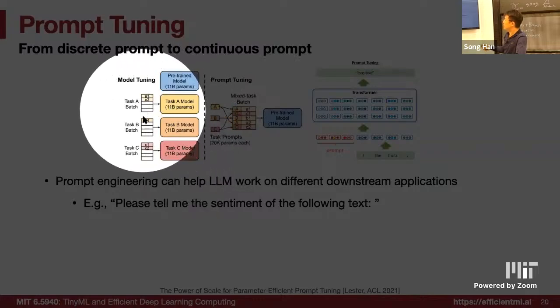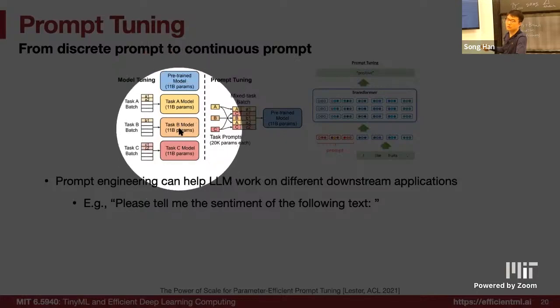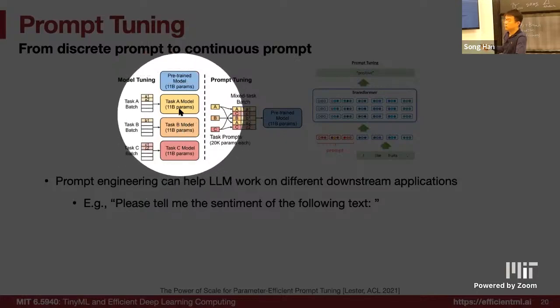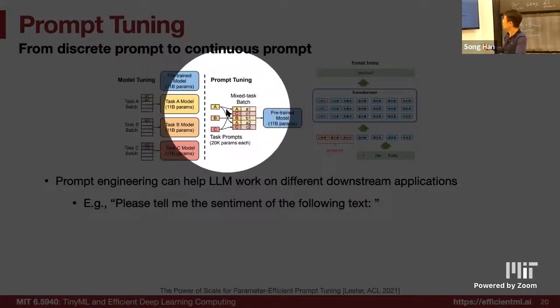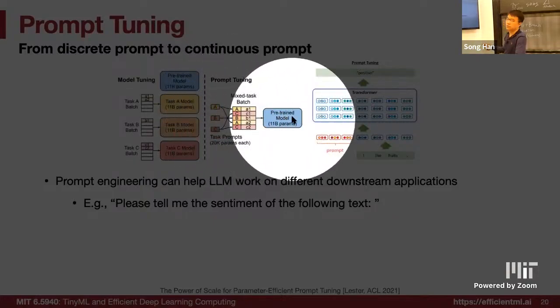And tasks A, B, C cannot be batched because they use different models. We know batch processing is much more efficient. We learned from the previous lecture that in-flight batching techniques are super helpful. So can we combine A, B, C tasks into using the same pre-trained model?